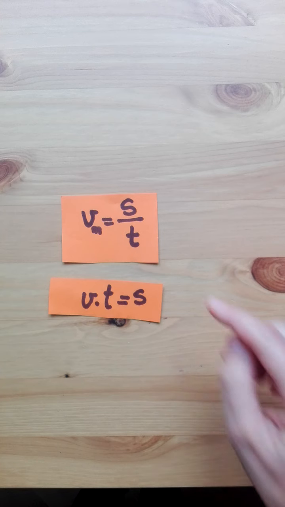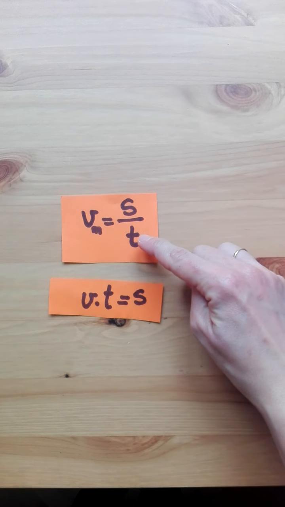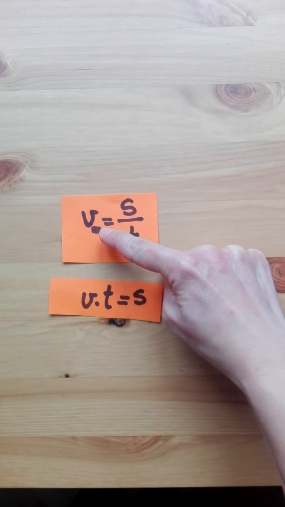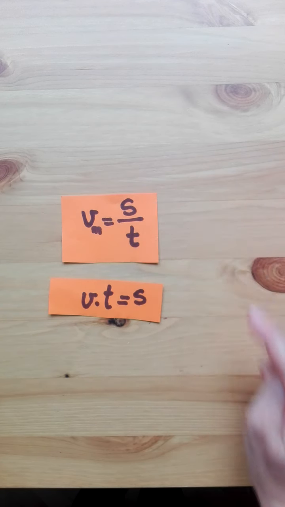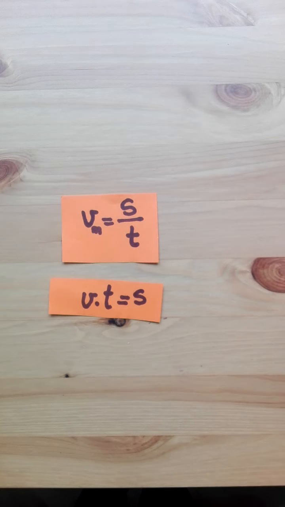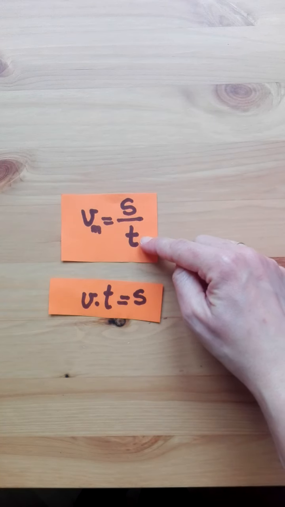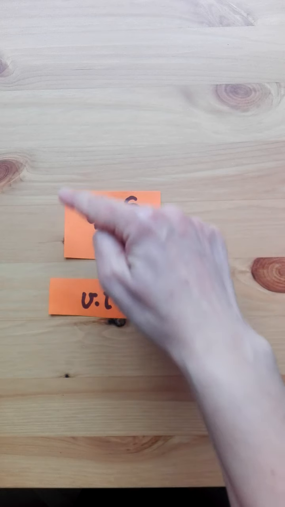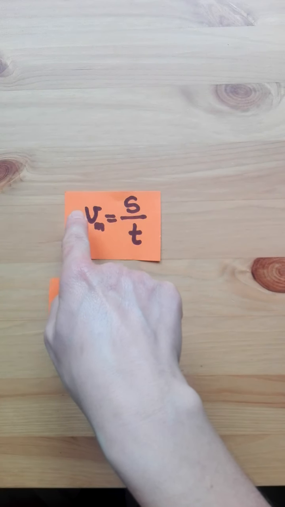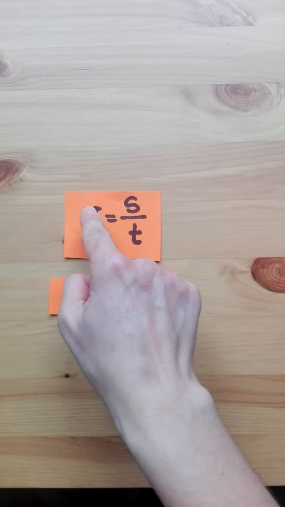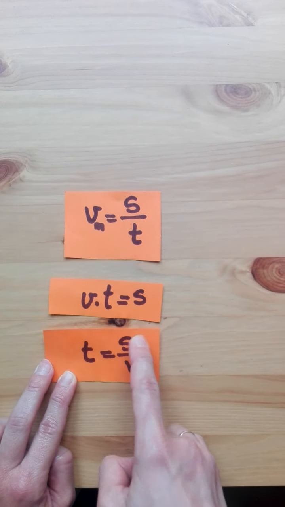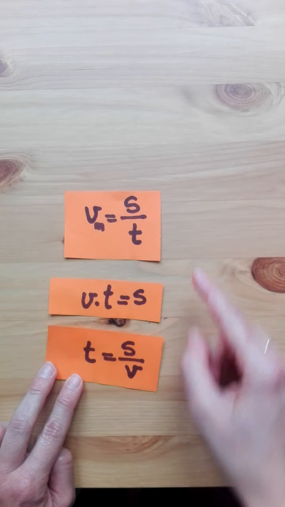Okay? Another thing you can be asked is about the time. They give you the data for the mean speed and for the distance, and they ask you about the time. Be very careful with this. I always tell you that when my unknown is in the denominator, you have to be very careful because the first thing you need to do is taking the time to the other side of the equation multiplying, and then taking the speed dividing. Okay, you would obtain this. The time is the distance traveled divided by the speed. Okay?